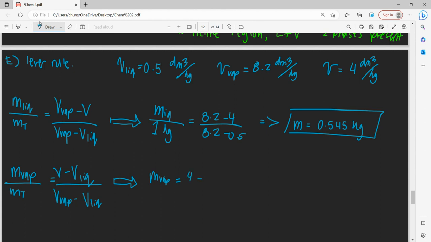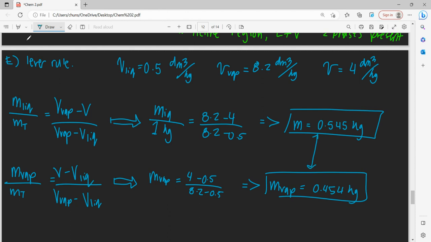So this is 4 minus 0.5 over 8.2 minus 0.5. And our mass of vapor is equal to 0.454. To check, you can add up both of these values to make sure it's equal to 1.